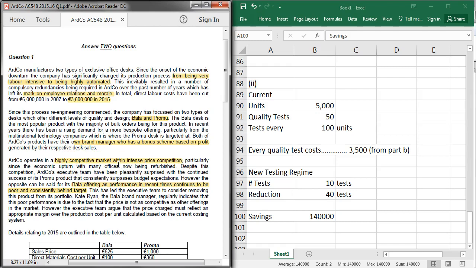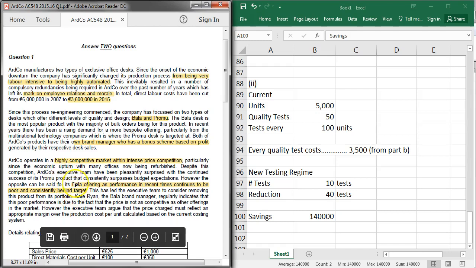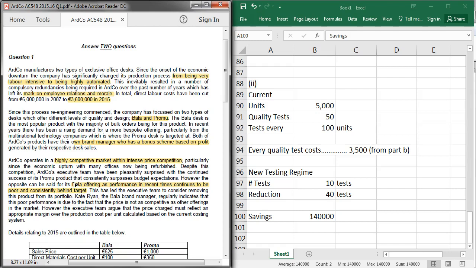And it clearly shows from our initial analysis that the traditional costing system is overpricing and underpricing the products, which is having an impact on the performance in the market, as we're seeing here with the information about Promu and Bala. So for intense price competition, high level of overheads, and the current performance issues, it suggests that ABC would be suited to an organisation like this and would bring a bit of a benefit.